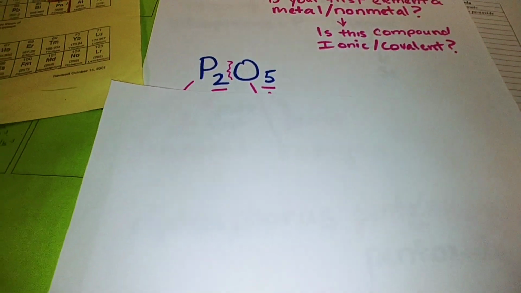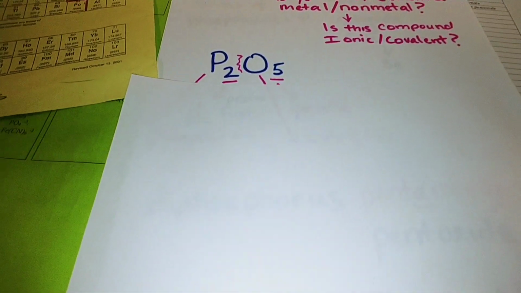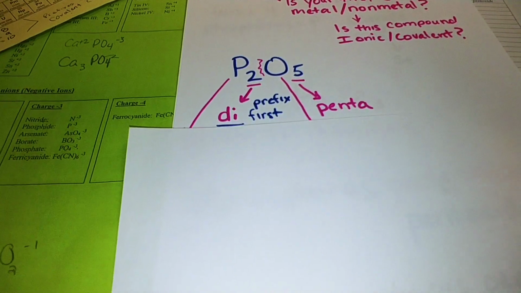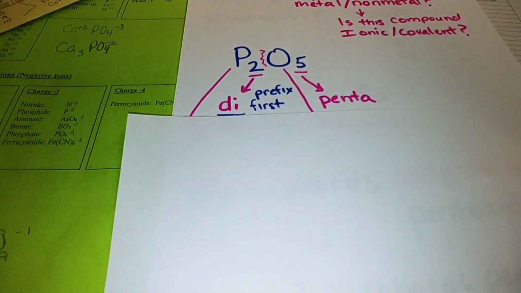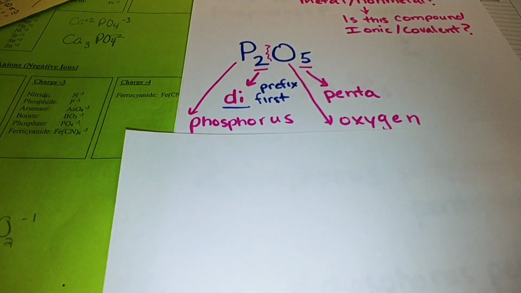Split it in half, but this time, because it's covalent, we use the prefixes. We know that 2 means di, 5 means penta, the letter P is for the element phosphorus, and the letter O is for oxygen.